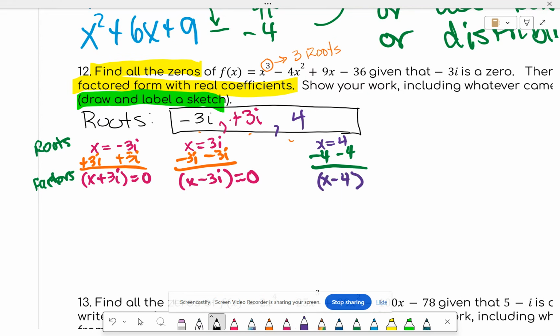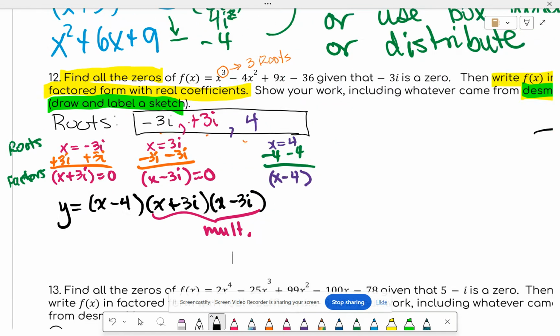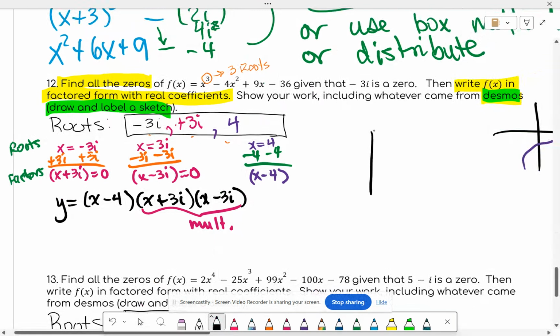Okay, so then remember that when we are writing our polynomial here, we know we have that x minus 4, but we cannot have any imaginary coefficients. So our factors that have the i in them, we need to multiply to get the i's to go away. And so they should go away when we multiply because they are complex conjugate roots.